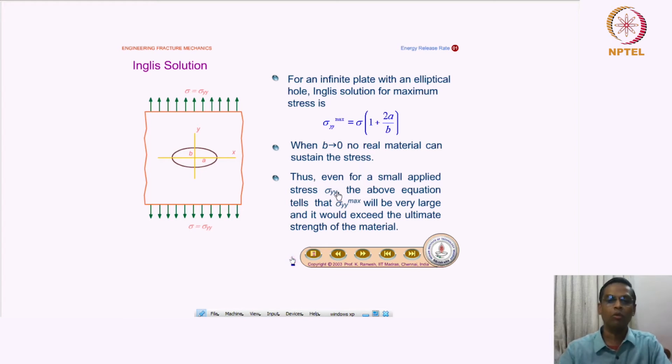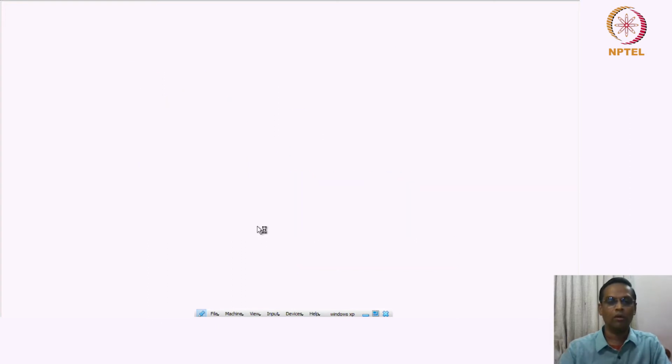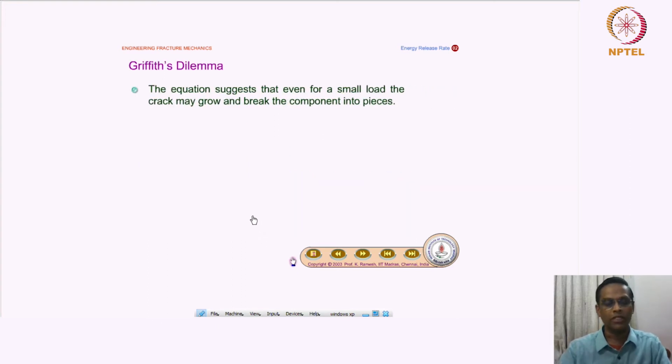Thus, even for a small applied load sigma, the above equation tells us that sigma yy max will be very large and would exceed the ultimate strength of the material, which is not the case anyway. So what can we do? This is one dilemma.